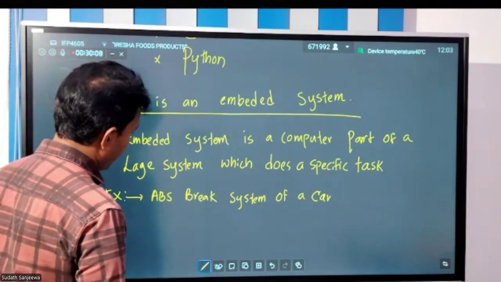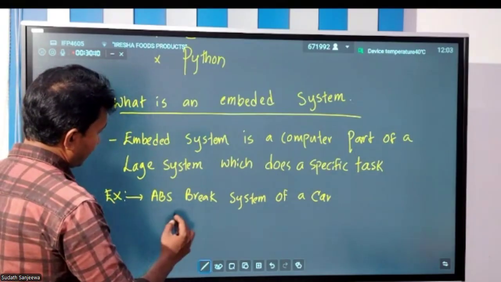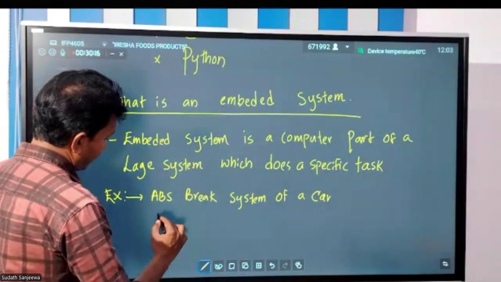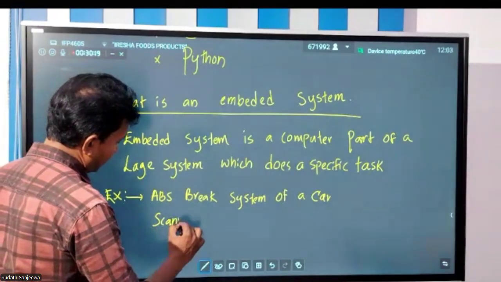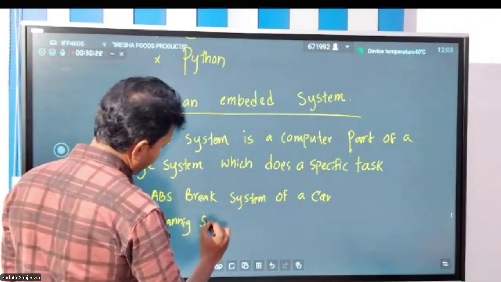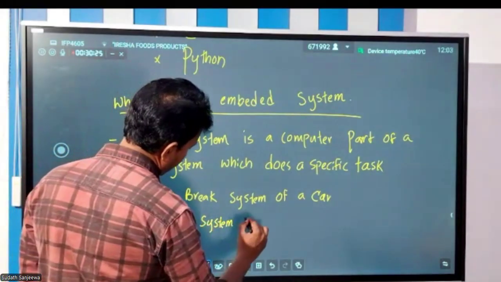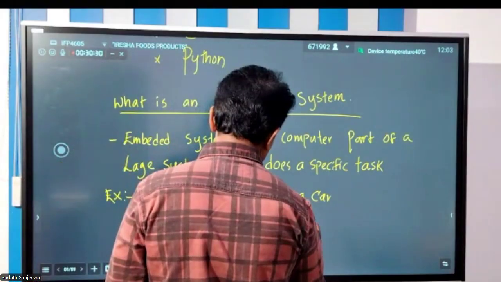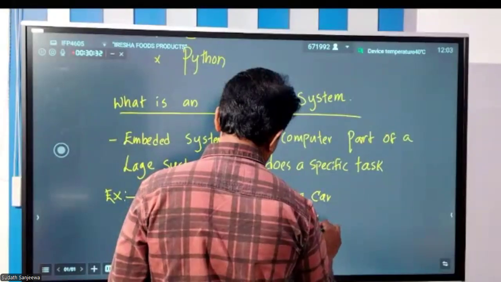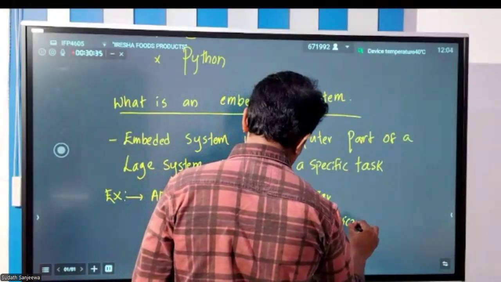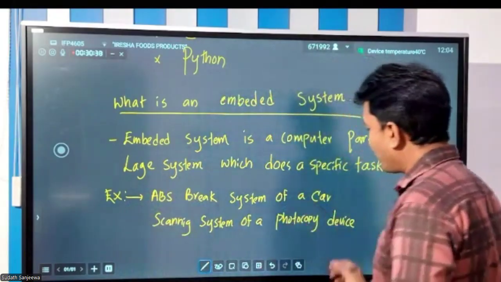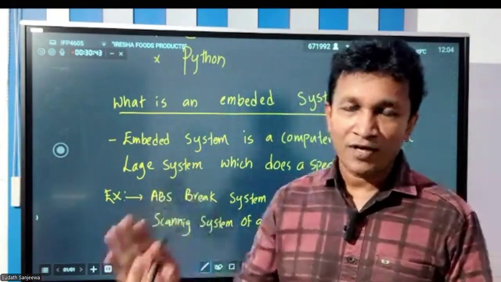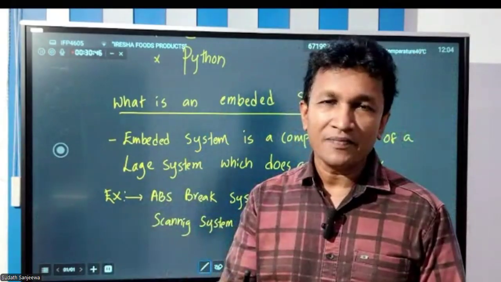Scanning system of a photocopy device. We know that photocopy devices have a scan option. The scanning part of the main system is a sub system.